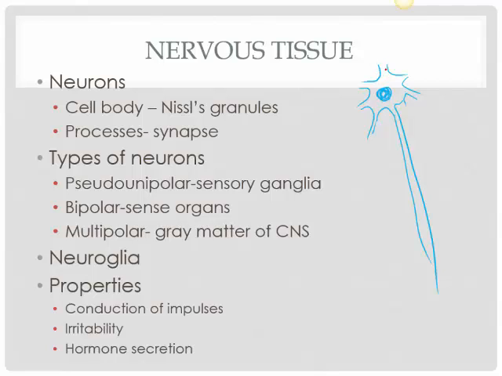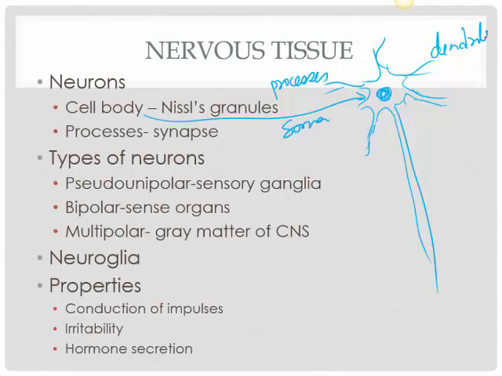But a neuron also has other things known as processes. This is the cell body, also known as the soma. These are processes. The small ones are known as dendrites, and all neurons have one long process called an axon.